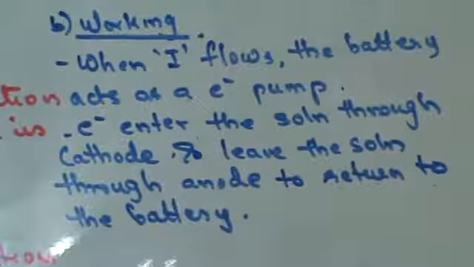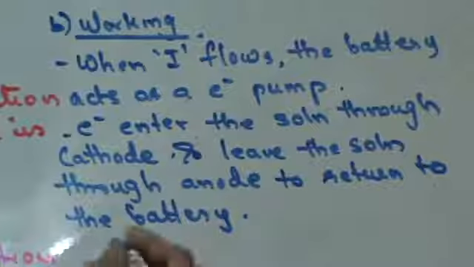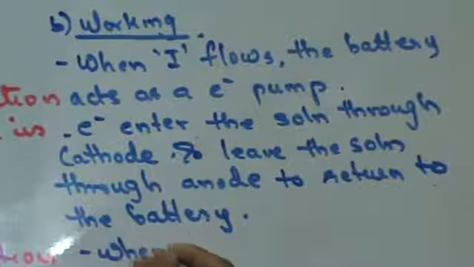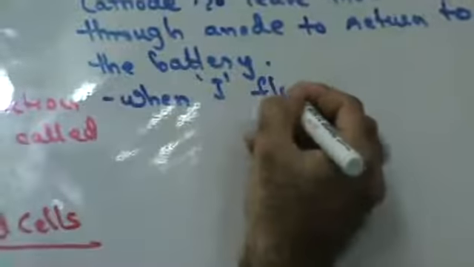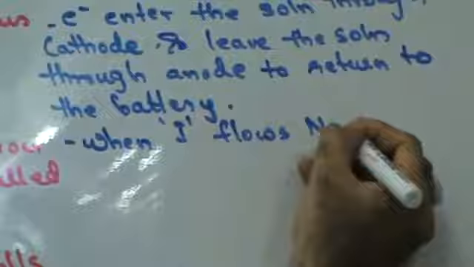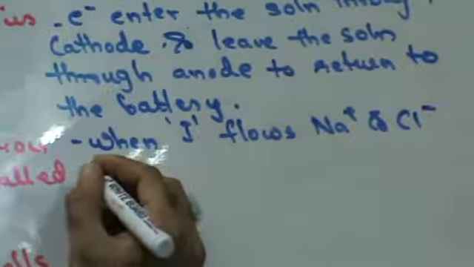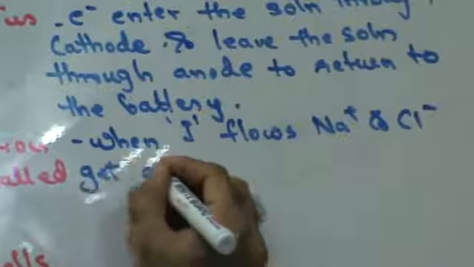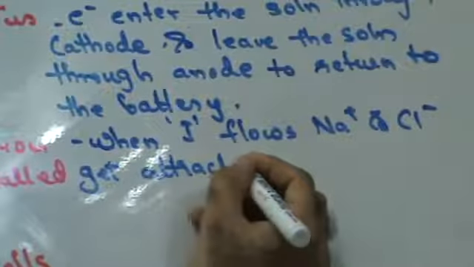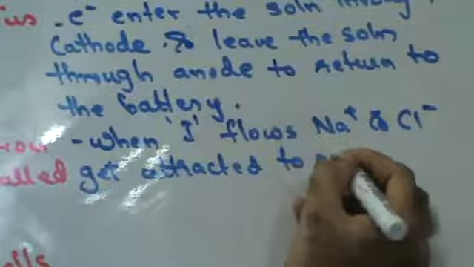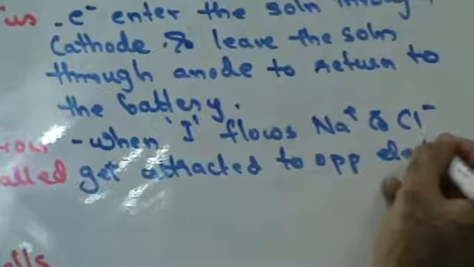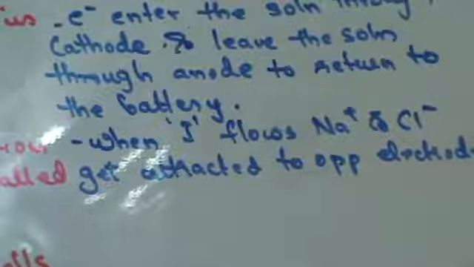Right? Now, when current flows, sodium ions and chloride ions get attracted to opposite electrodes, right?